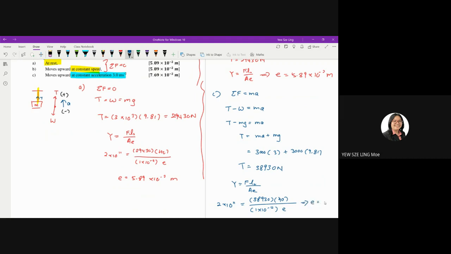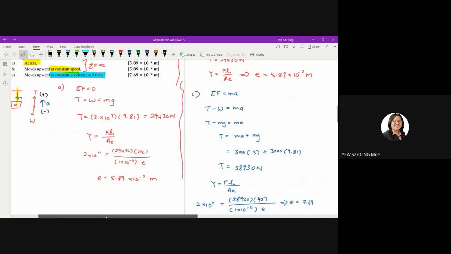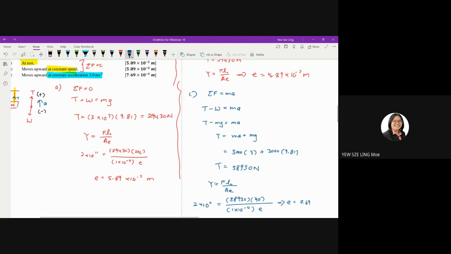E is then equal to 7.69 times 10 to the power of -2 meters. So this is the final answer.